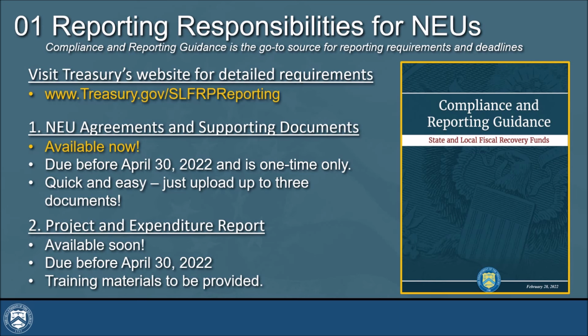More details on the Project and Expenditure report for the April 30th deadline will be available soon. We're going to be releasing additional training materials in the coming weeks and months. This report for the April cycle is also due by April 30th, 2022. And again, I'll talk about this a little more in the forthcoming slides.